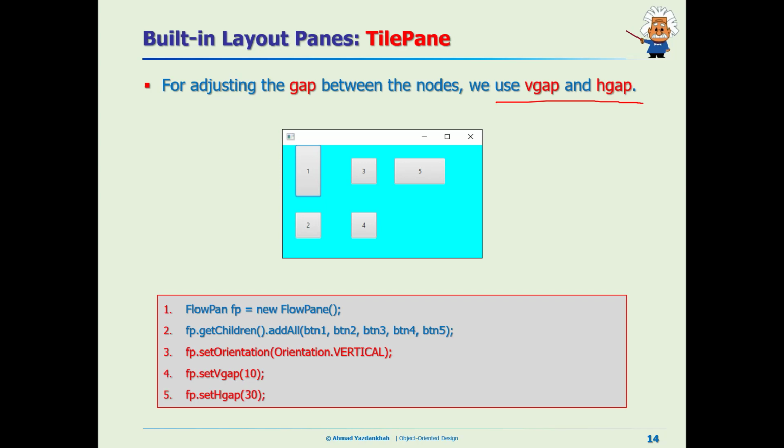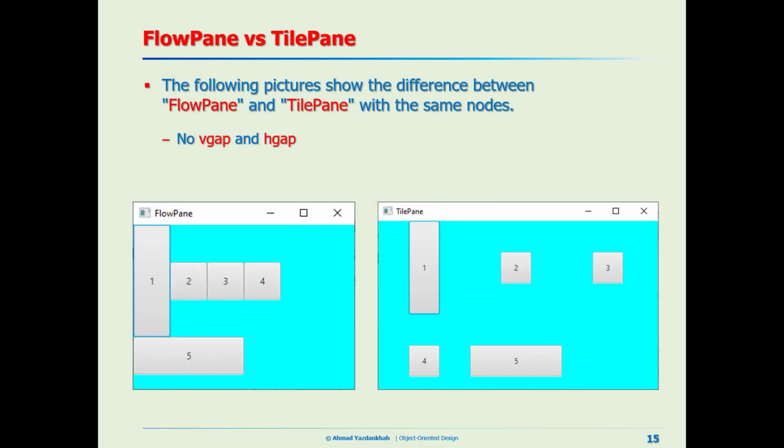So here's the difference. I put both of them side by side. Here we have the flow pane, and here we have the tile pane, and both of them have the same buttons, and there is no V gap and H gap. I removed all of them, and you see the difference: the tile pane tries to create the same size of cells for everything.